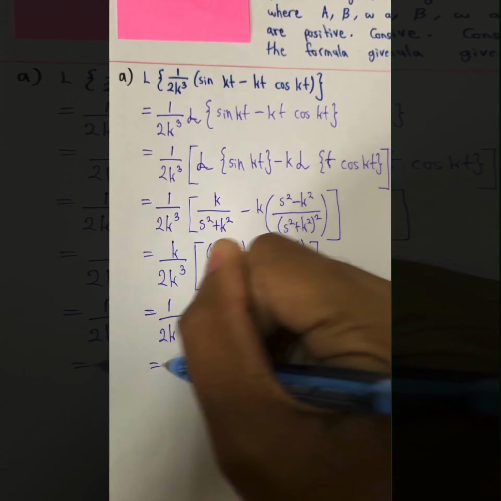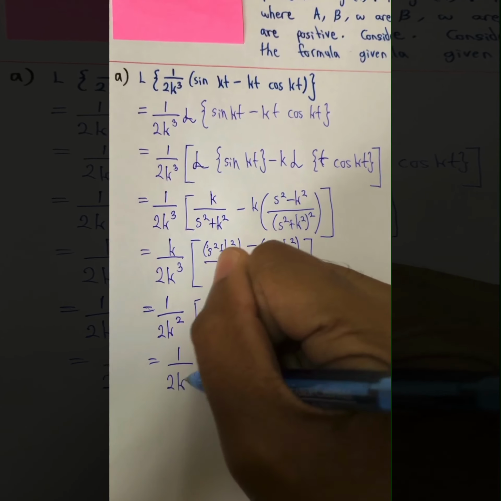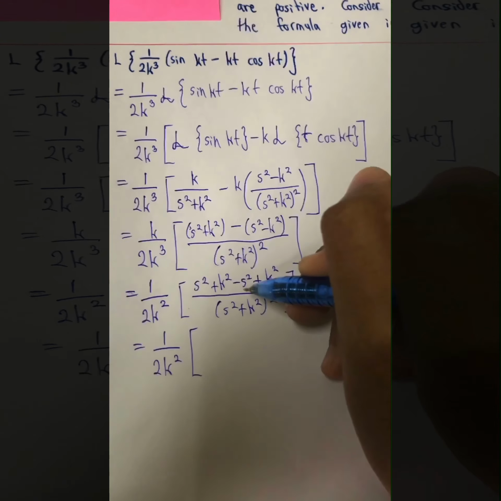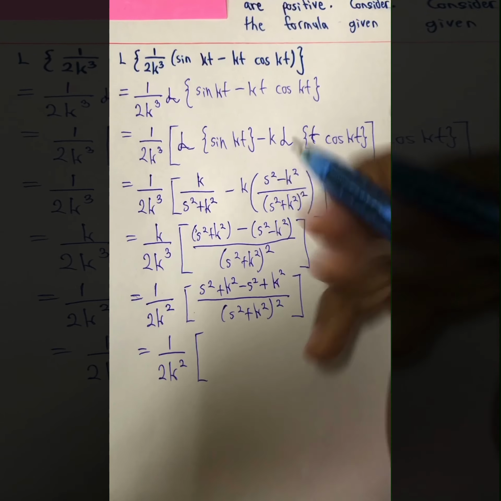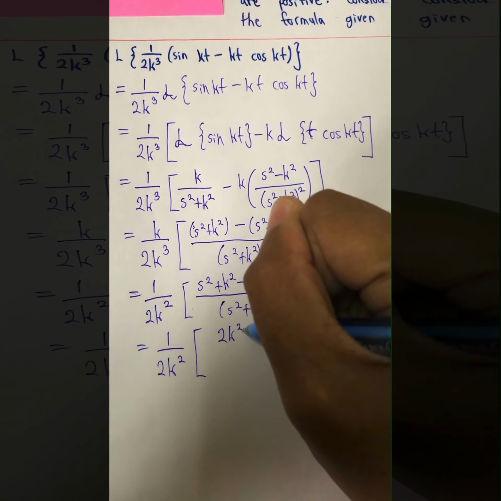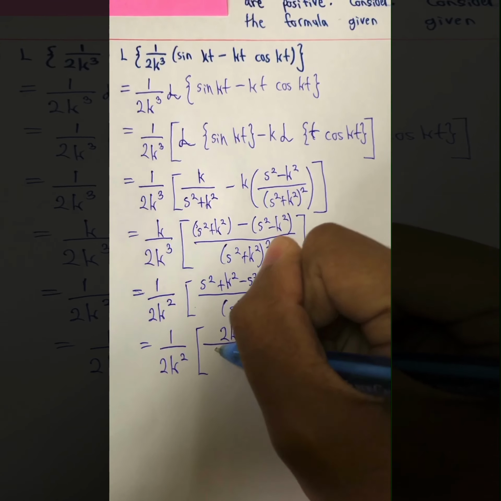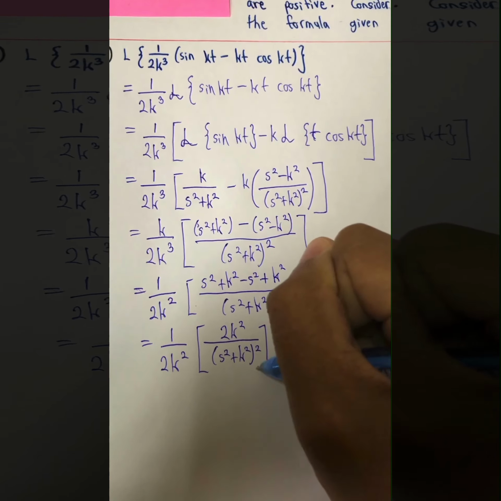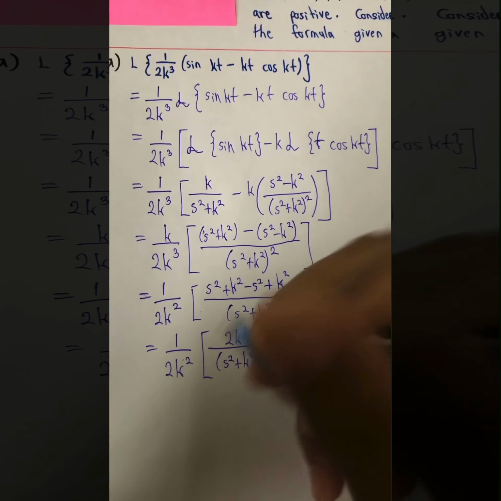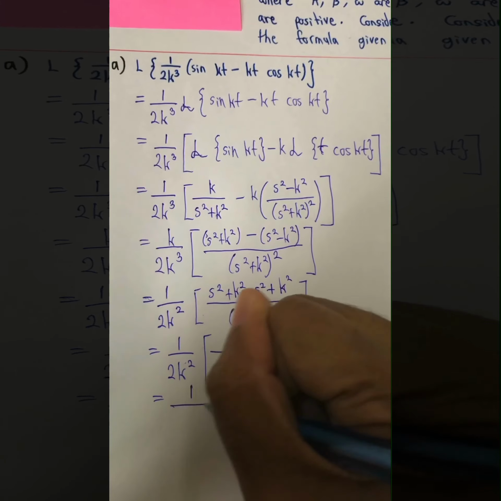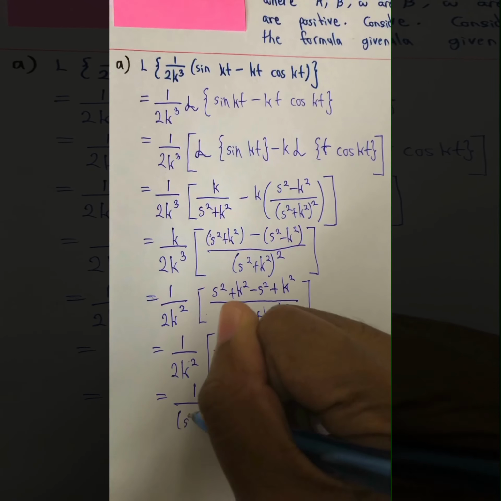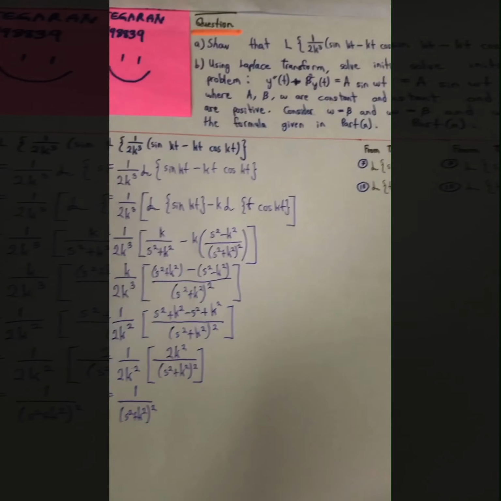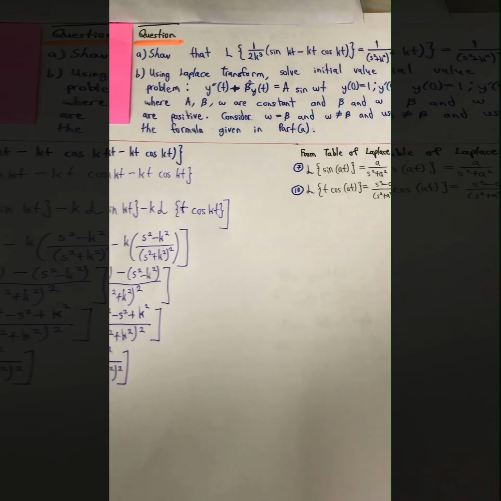Then we can solve it: 1 over 2k squared, s square minus s square becomes 0, and k square plus k square becomes 2k square, over (s square plus k square) squared. So this we can cancel out, and we get 1 over (s square plus k square) squared. Here we get the same answer as the question.